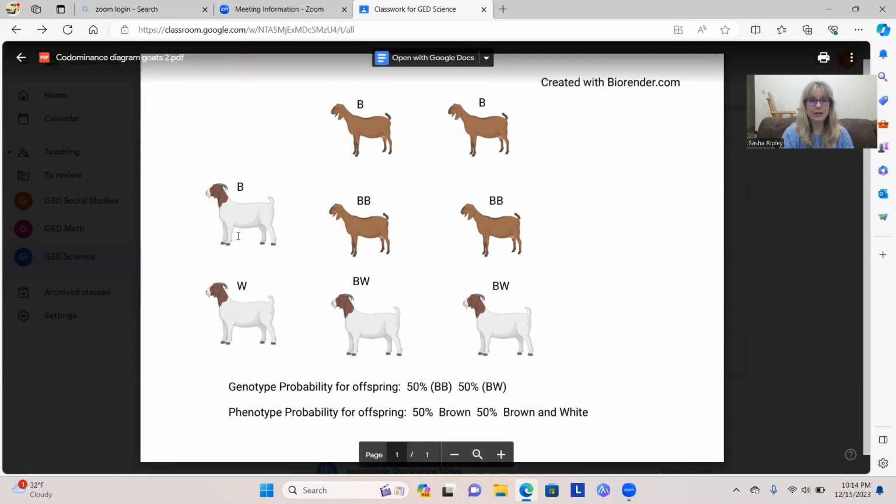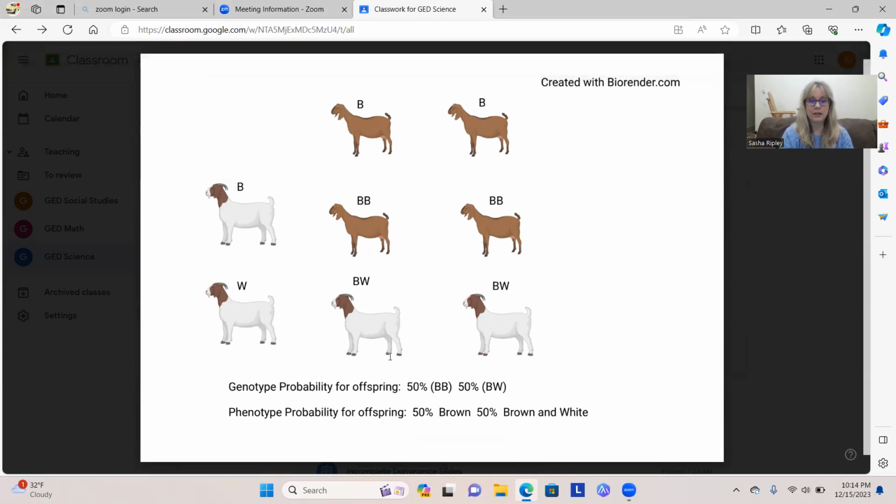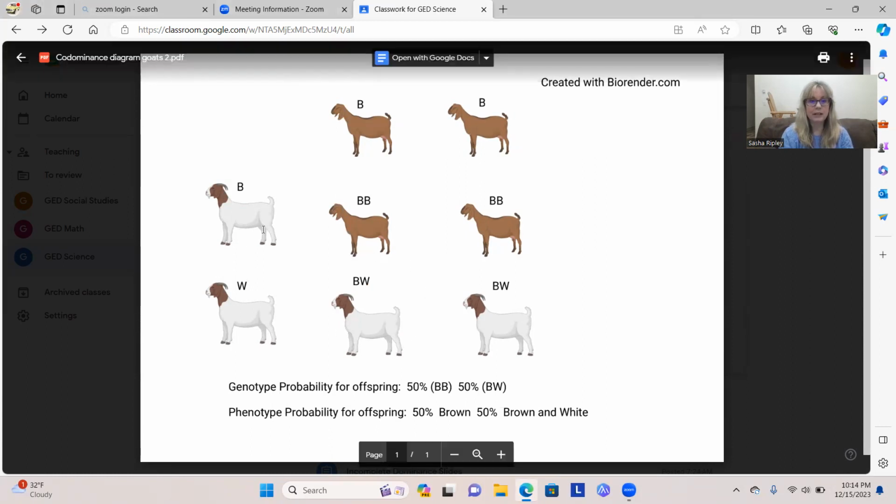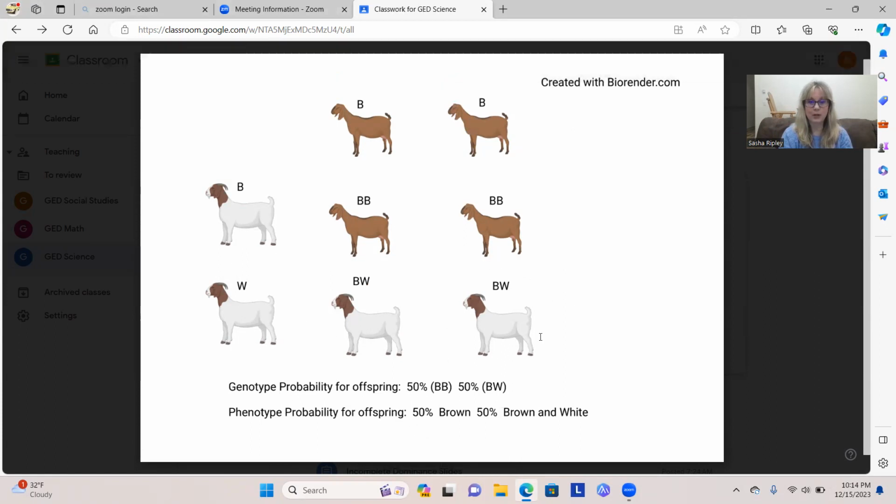A B allele here, a W allele here. This offspring has heterozygous genotype BW, a B allele here, a W allele here. This offspring also BW. So what is the genotype probability for offspring here? 50% genotypes BB, 50% genotypes BW.